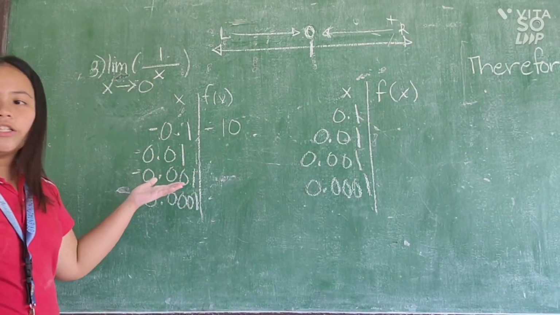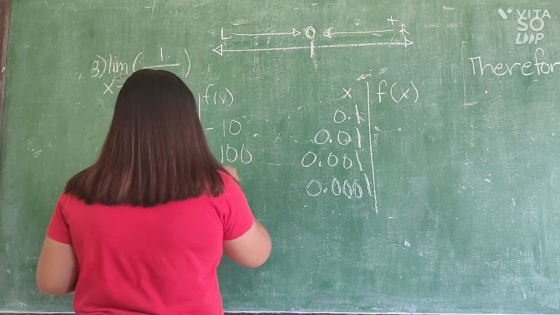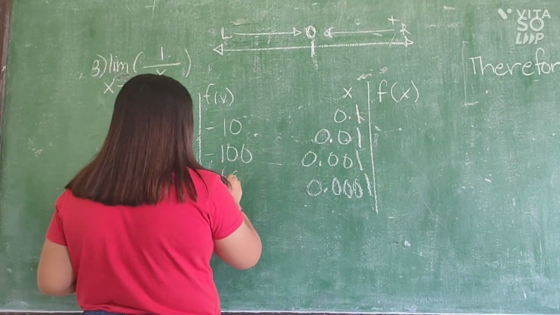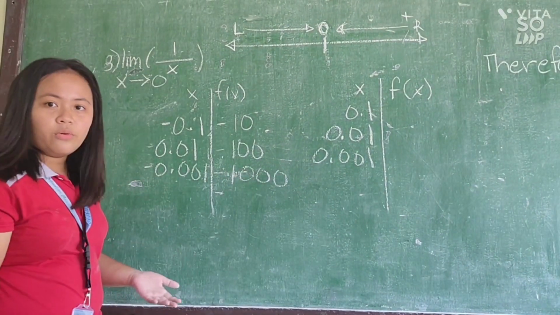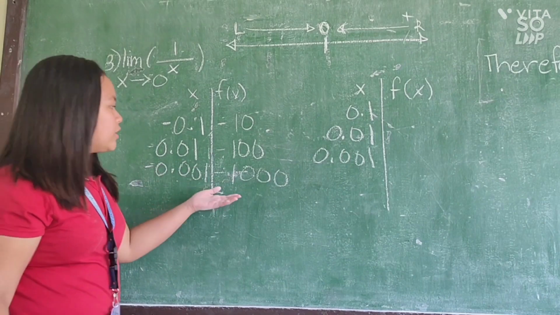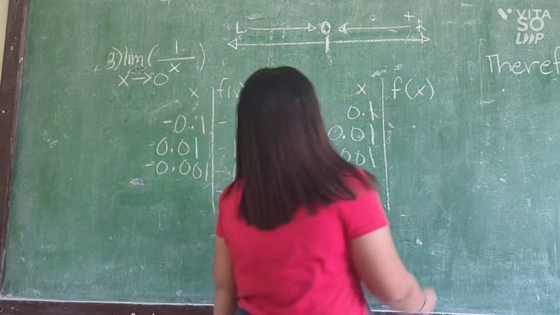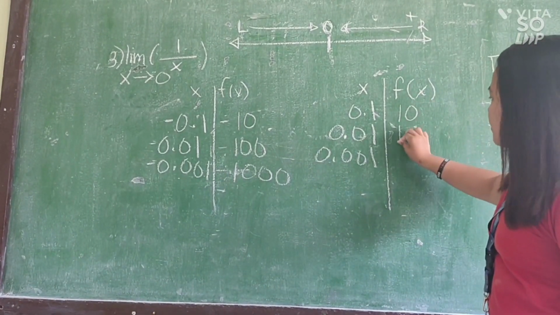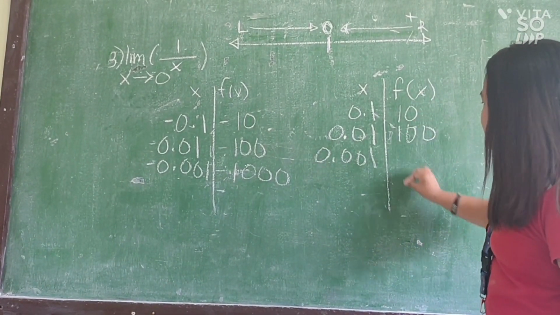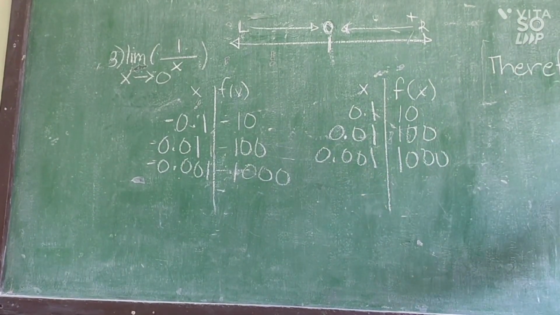And so on. This will be negative 100, negative 1,000. So now, ito na yung mga sagot na nakuha natin from x approaches to the left. And sa right naman natin, this will be positive 10, positive 100, and positive 1,000, and so on to infinity.